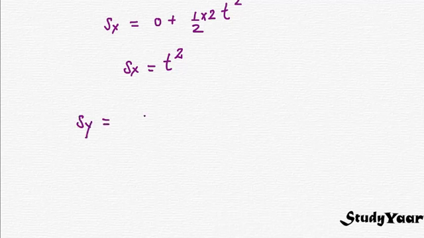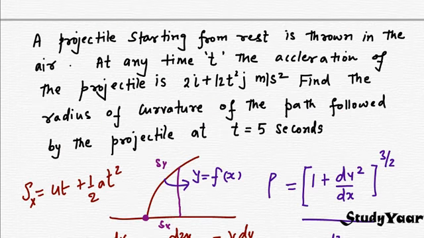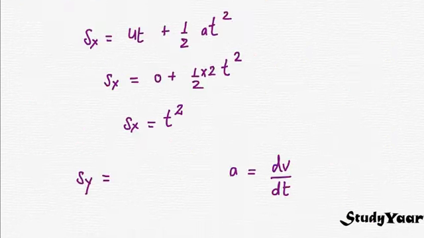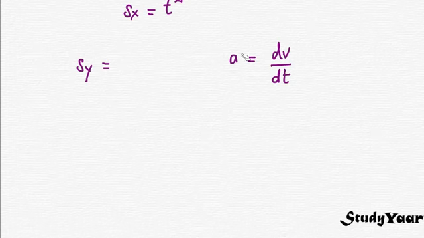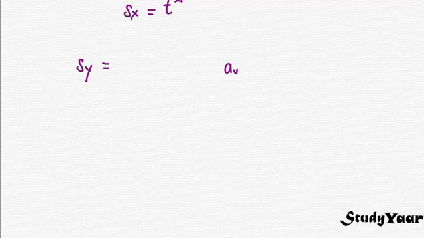For me to be able to find sy, I'm going to write acceleration as dv by dt. My acceleration at any given time in y direction is 12t square. So over here I would say that ay is equal to dvy by dt, which is equal to 12t square.